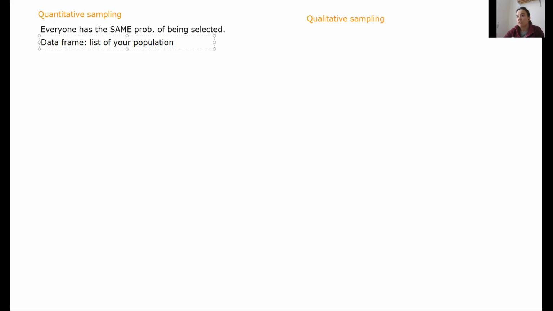Now, assuming you have a data frame, there's a couple of ways in which you can do quantitative sampling. So the first way that we can have of selecting a sample is called simple random sampling.